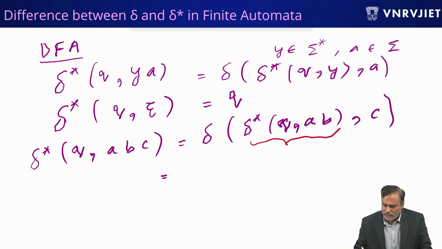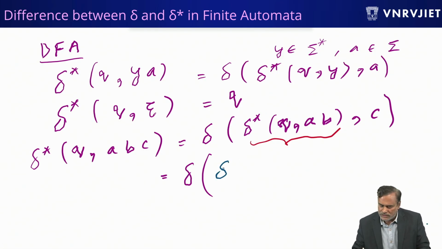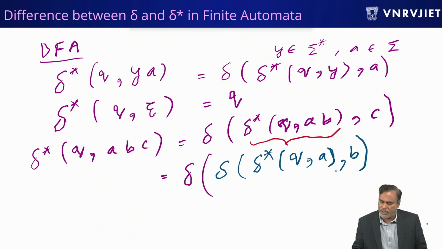Now, for the delta star part, the underlined part, delta star of Q, AB can be written in the same fashion as delta of delta star of Q, A, and then B. This is what I have written for delta star of Q, AB. And the rest of the part follows as it is, that is comma C.